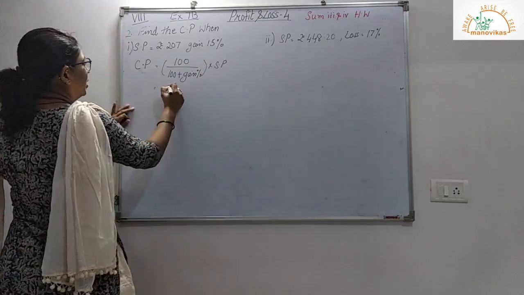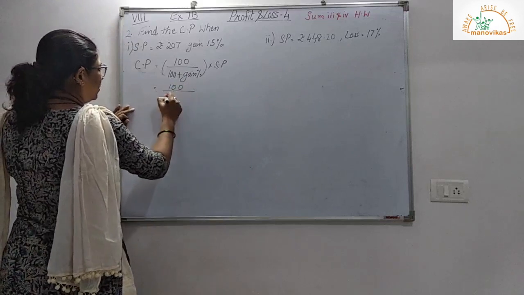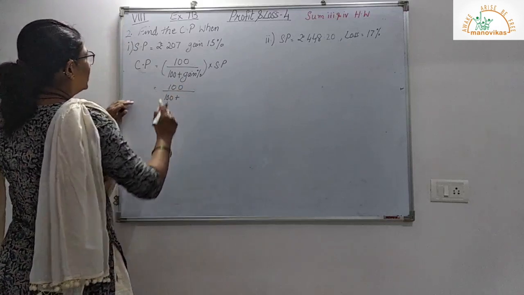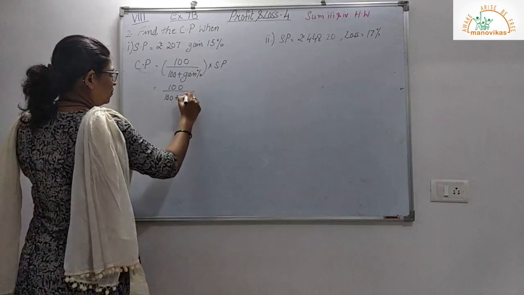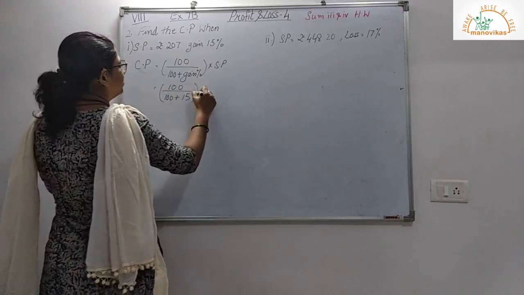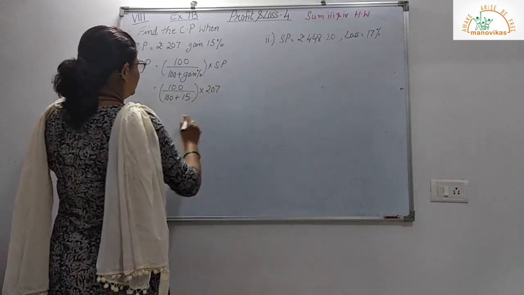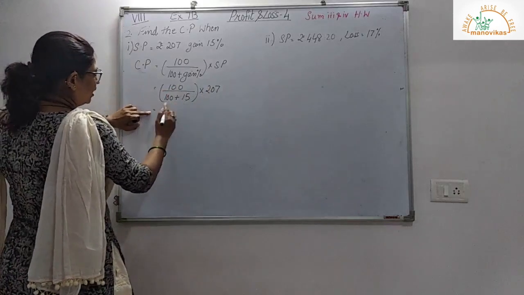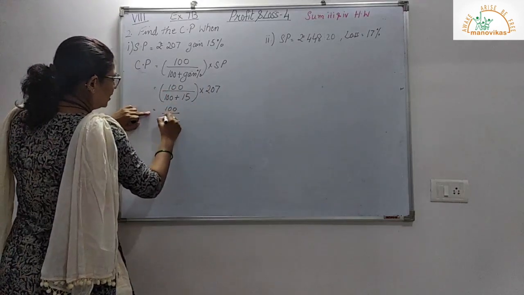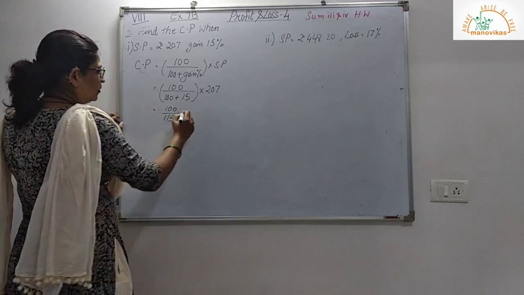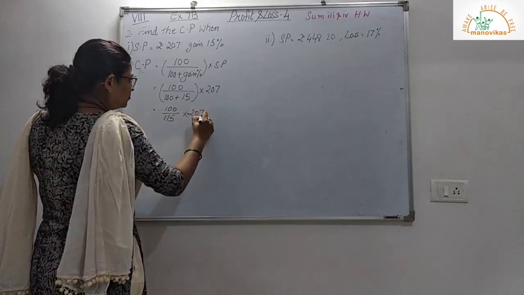So we have here 100 divided by 100 plus gain percent, which is 15, into selling price, that is 207. Now when we add this, we get 100 divided by 115 into 207.